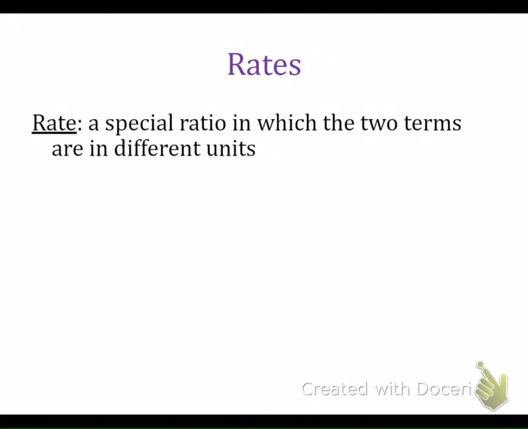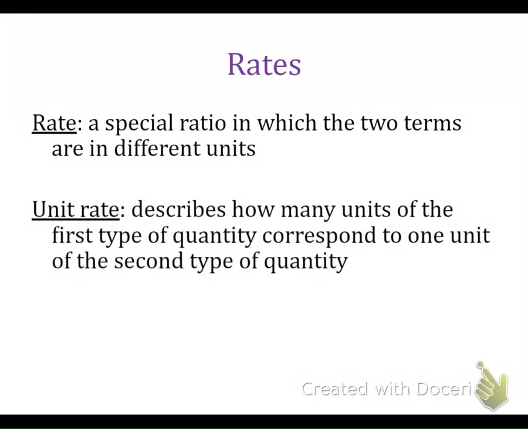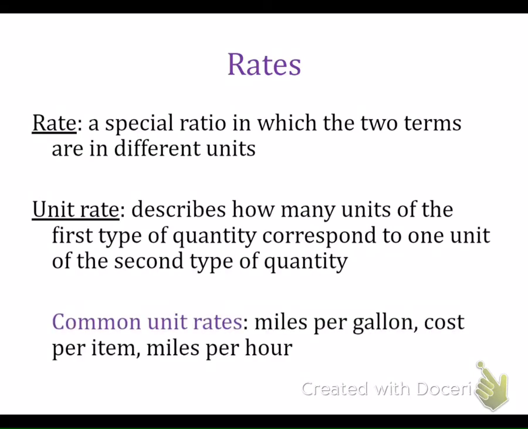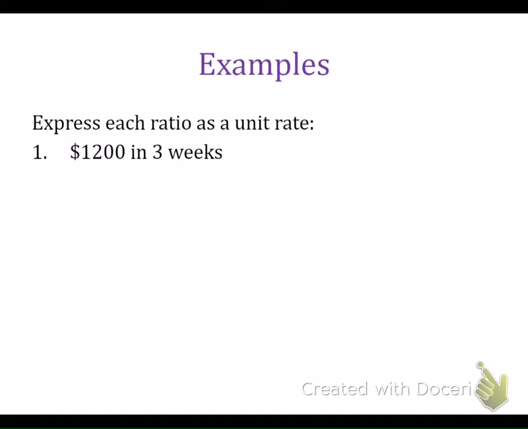Alright, so rates. Rate is a special ratio in which the two terms are in different units. Unit rate describes how many units of the first type of quantity correspond to 1 unit of the second type of quantity. So common ones that you will see a lot are miles per gallon, cost per item, miles per hour. So express each ratio as a unit rate.